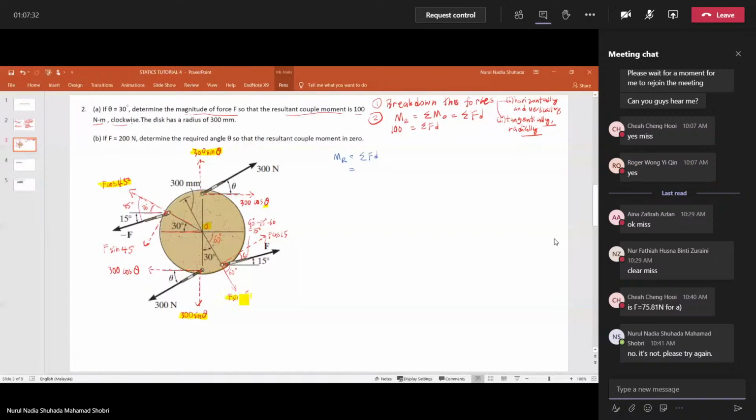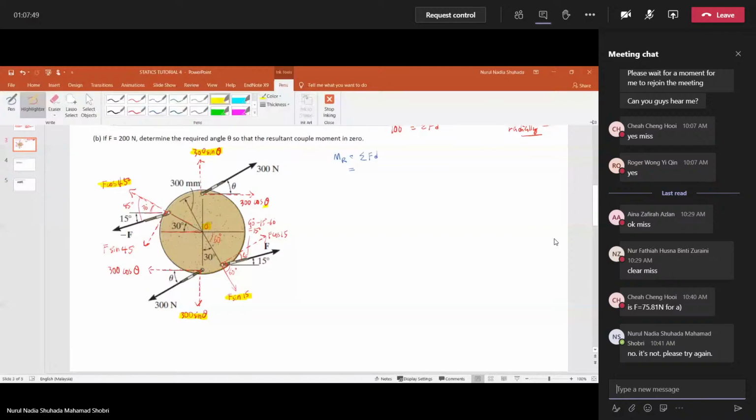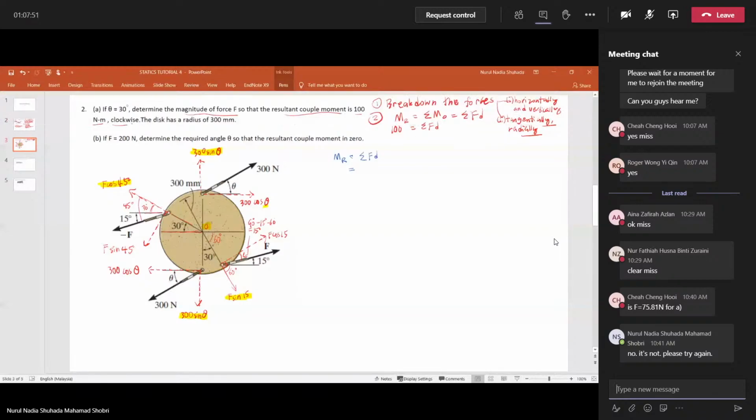All forces that pass through point O have no moment. So you don't put these into the calculations. All these four forces, you have to remember, don't put into the calculations. I will put down the note here.